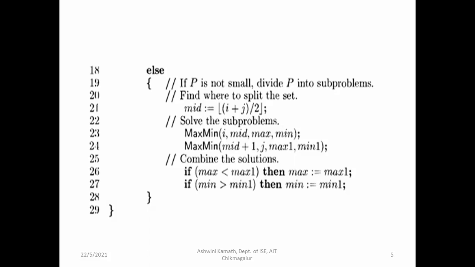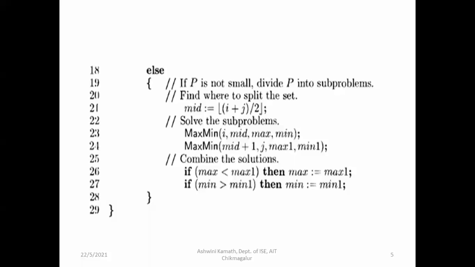Less than max1 means obviously max1 is greater. These two calls will return max value and min value. You check which one is maximum and which one is minimum at the end. That is the combining solution here.